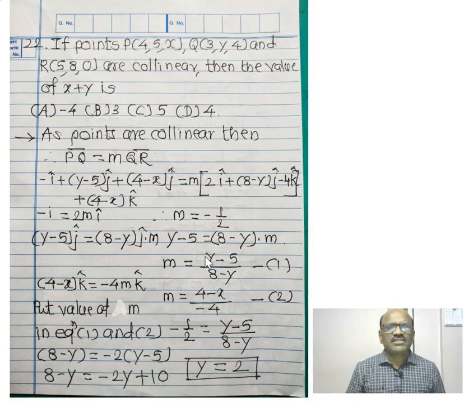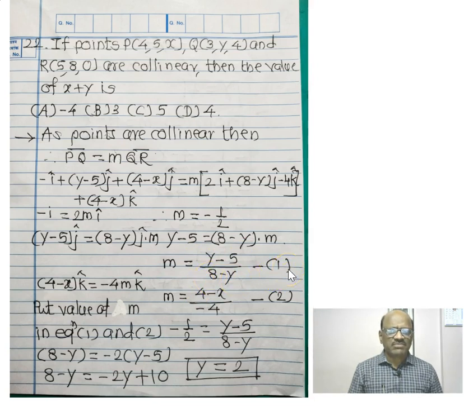When we equate the coefficient of j, then you get y minus 5 j is equal to m times 8 minus y j. Now j gets cancelled. Therefore, you get y minus 5 is m into 8 minus y. Therefore, m is equal to y minus 5 upon 8 minus y.